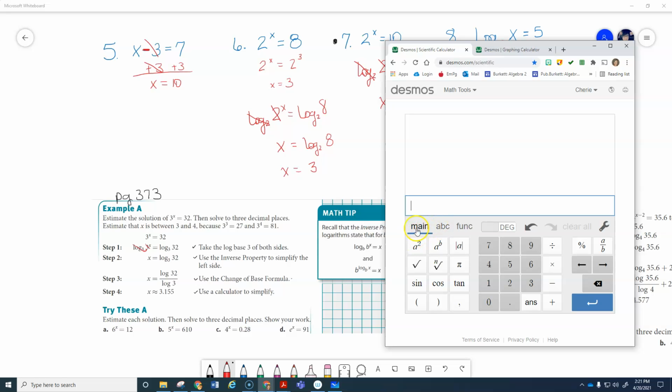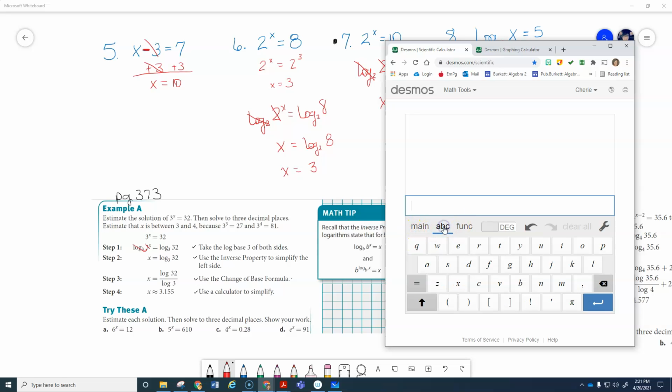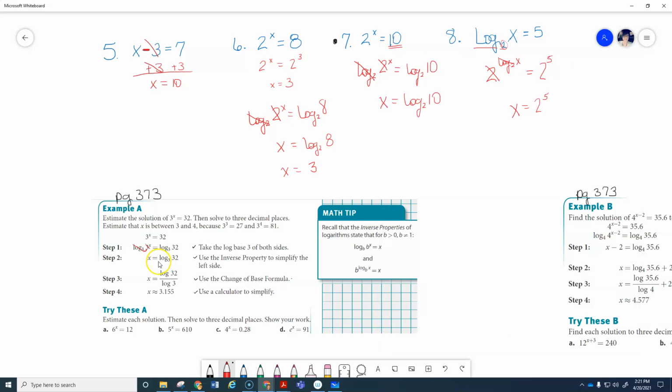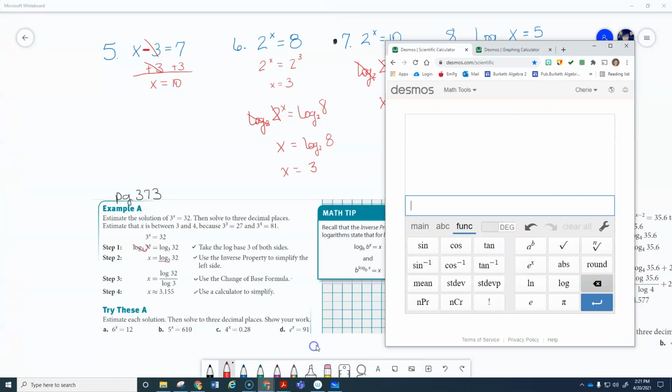So there are little tabs up here for ABC that gets you literally the alphabet, and then there's this function tab, and when you press the function tab, you notice over here you've got your natural log and you've got your common log, but this scientific calculator does not have a way for you to enter log base 3, which is what we want. Over here it says we need to take log base 3 of 32, and that scientific calculator that Desmos offers does not have that option.